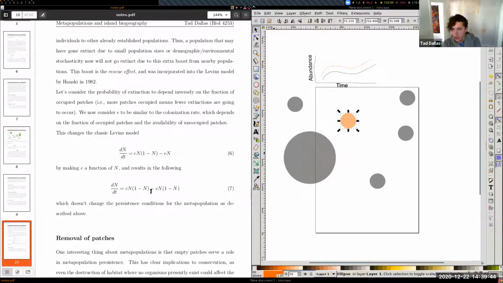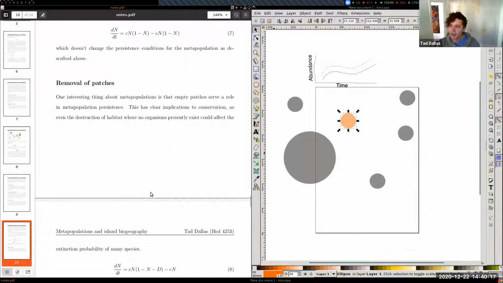But we're still actually only considering the fraction of occupied patches. So we haven't considered space explicitly, and everything is still driven by colonization and extinction rate. And the balance between those two sets up the equilibrium fraction of occupied patches and determines metapopulation persistence.